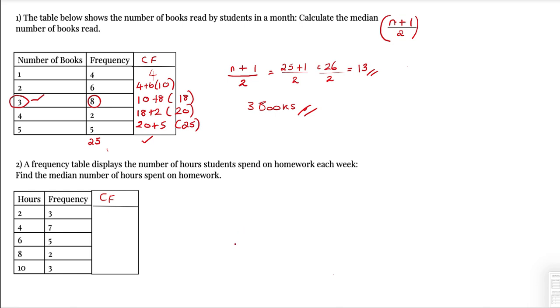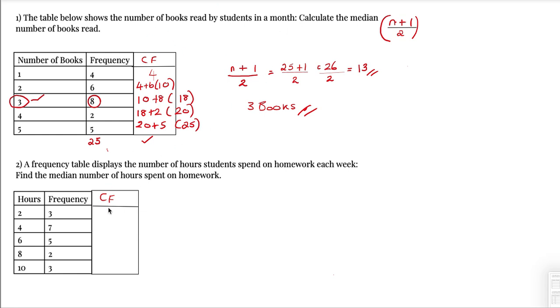So, frequency table, we know what we've got to do. We've got to draw another part of the table and put our CF in for cumulative frequency. You try and say that without tripping your tongue, because I struggle saying it. So let's start.